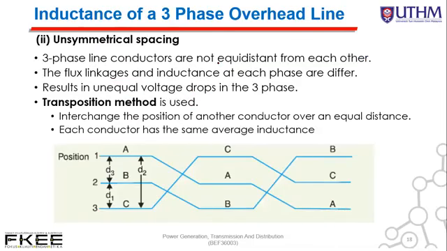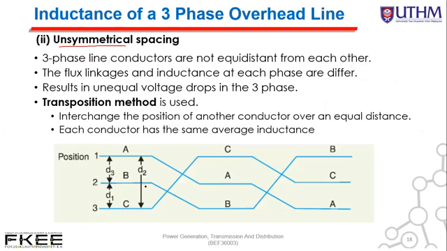Let's see what happens if the spacings are unsymmetrical, like the case of this figure. We have three conductors, A, B, and C. The spacing between A and B is D3, B and C is D1, A and C is D2.